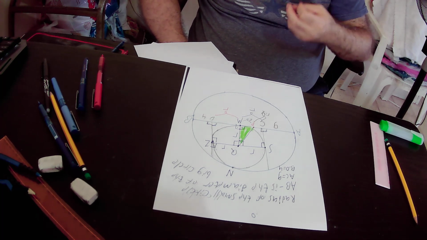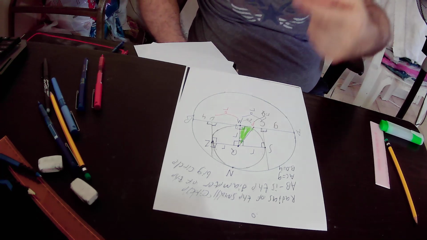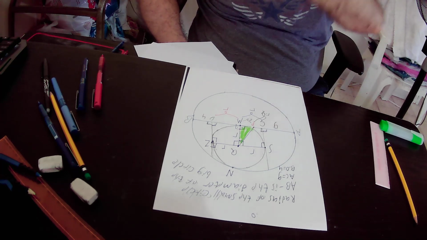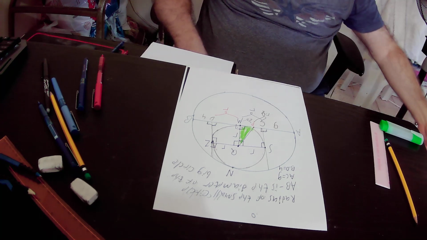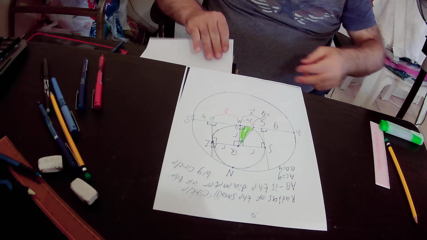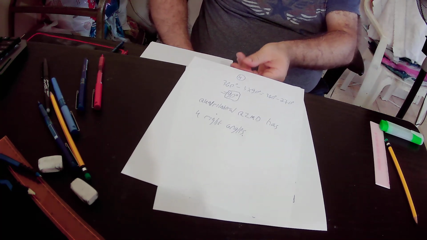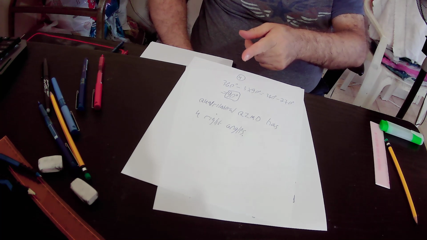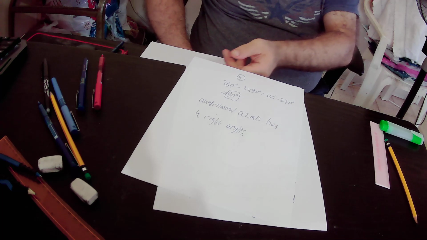So the value of the fourth angle will be equal to 360 degrees minus 270 degrees, which equals 90 degrees.